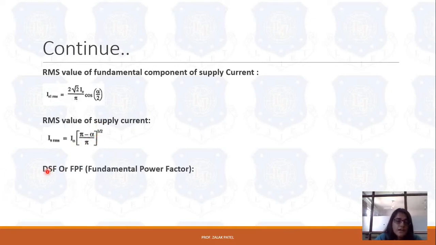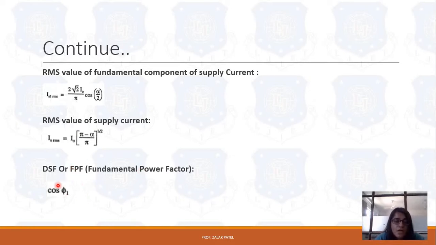Now moving towards the next component, that is DSF or FPF, meaning displacement factor or fundamental power factor. It is calculated as the cosine of that particular angle, or we can also say it is the power factor. Normally in circuits, power factor is given by R upon Z, meaning the resistive part upon the impedance part.